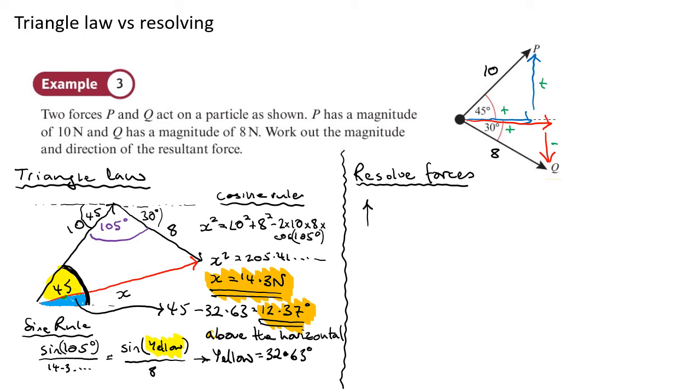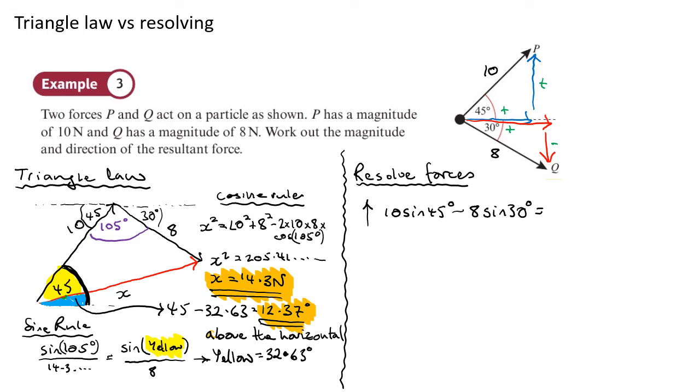So the one going up is going to be 10 sine 45. Is there anything else going up? No, we've got one going down. So that's going to be 8 sine 30. The total of that gives you the total of the vertical force, and its sign will tell us whether it's going up or down.